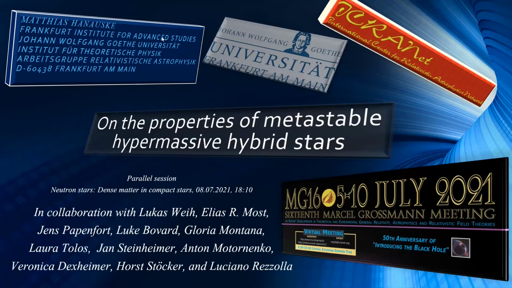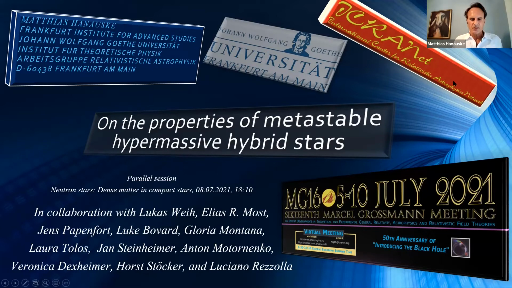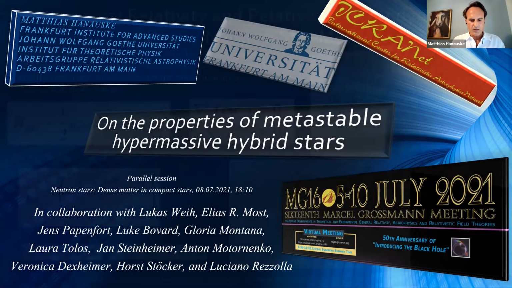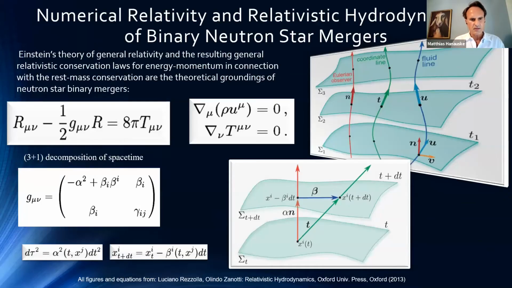So today I will focus on the post-merger phase and what the remnant and the material inside the star is doing. We are using numerical simulations in full general relativity, where the 3+1 decomposition of space-time is used with the lapse function alpha and the shift vector beta, which is described here.